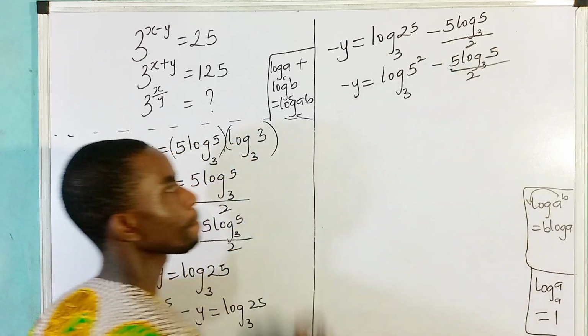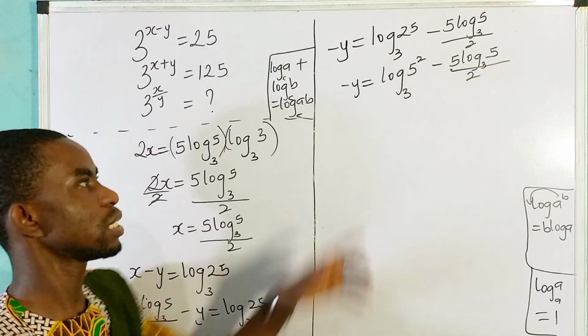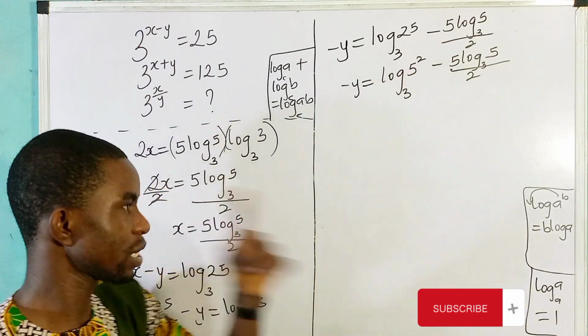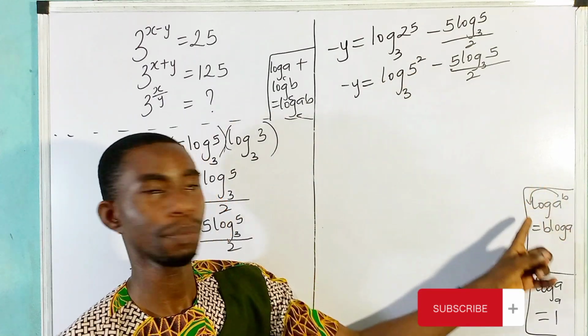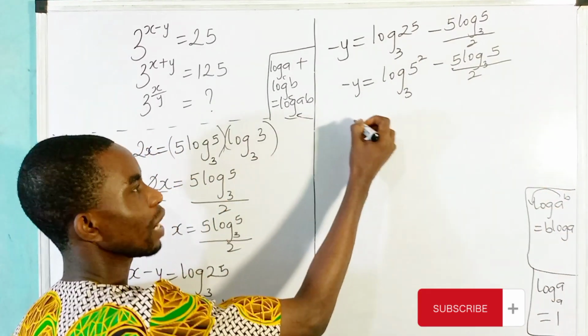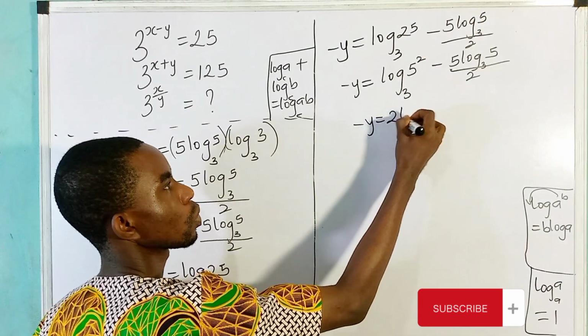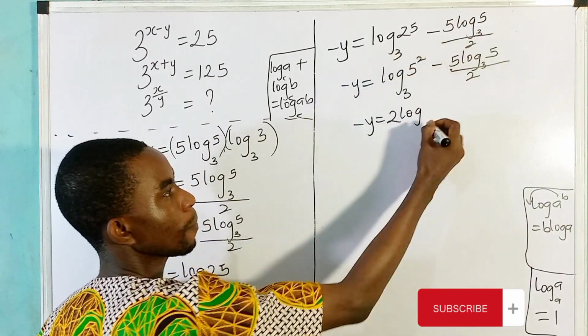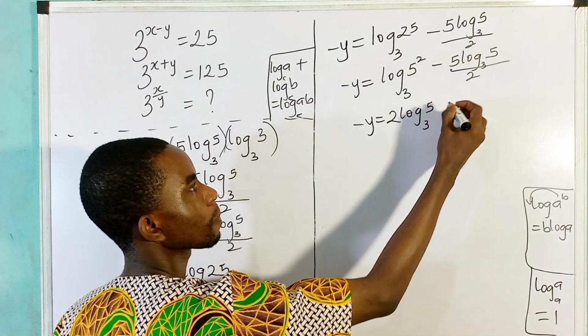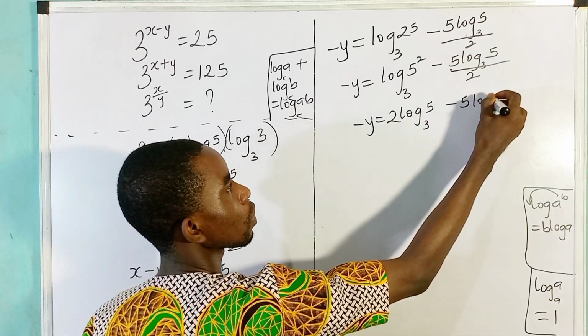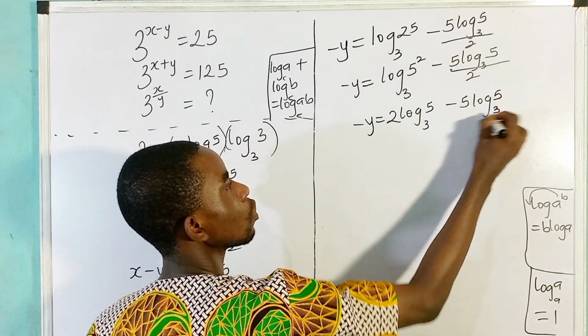Pardon me, please. Alright, so this is 5 squared, and I've already told you, you move the power before the logarithm. So we'll be having minus y equals 2 log 5 base 3 minus 5 log 5 base 3 over 2.